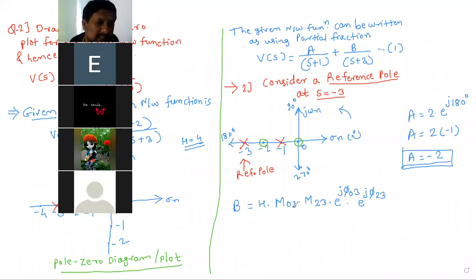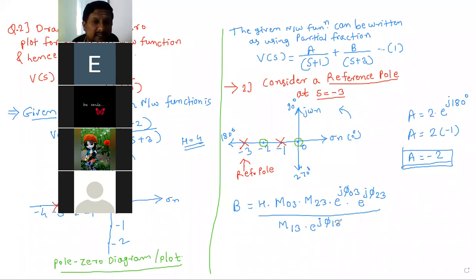Whatever you use here, the same you have to use for the angle. M0 to 3 and phi 0 to 3, M2 to 3 and phi 2 to 3. So all this you can write in the numerator. In the denominator, M1 to 3 and angle also phi 1 to 3, e raised to j phi 1 to 3.